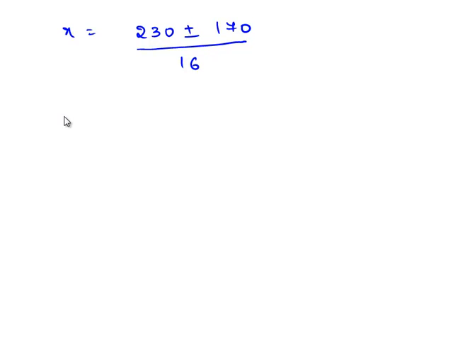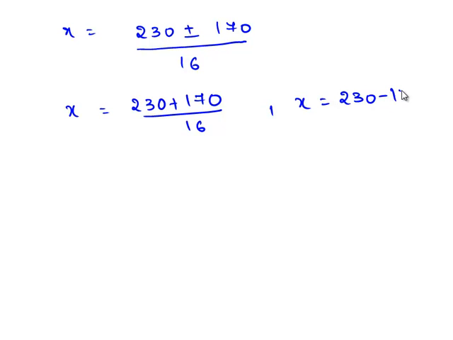So we have two values of x. This gives x is equal to 230 plus 170 whole divided by 16, and x is equal to 230 minus 170 whole divided by 16.